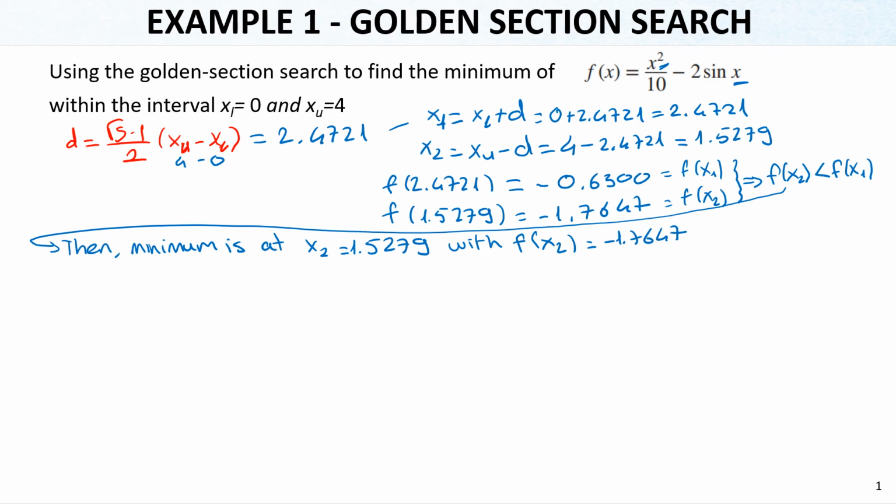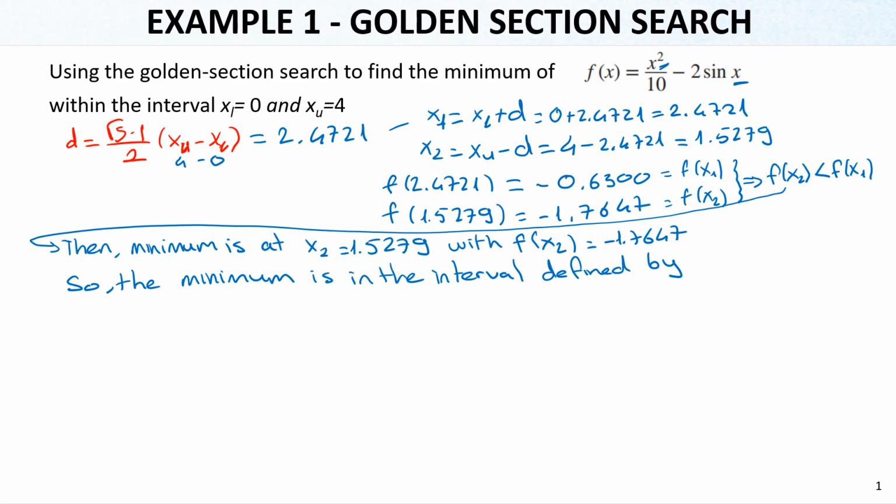Then where is the interval now? The minimum is in the interval defined by, because we defined this x2 by the upper bound, we eliminate the upper bound and set x1 as the upper bound.